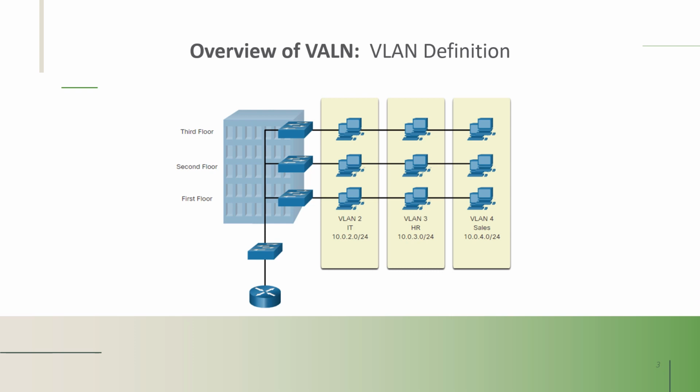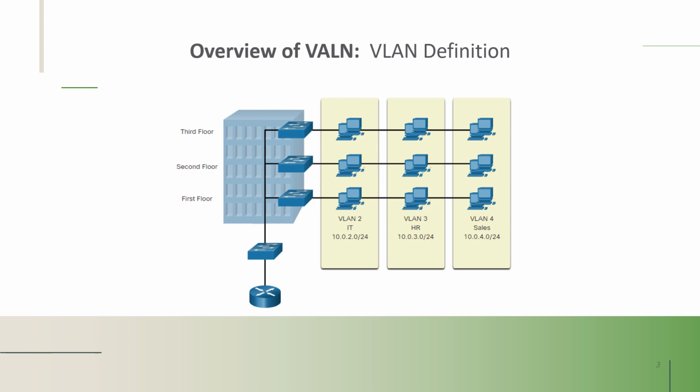Unicast, broadcast, and multicast packets are forwarded and flooded only to end devices within the VLAN where the packets are sourced. Packets destined for devices that do not belong to the VLAN must be forwarded through a device that supports routing.